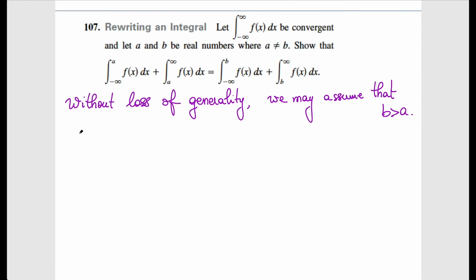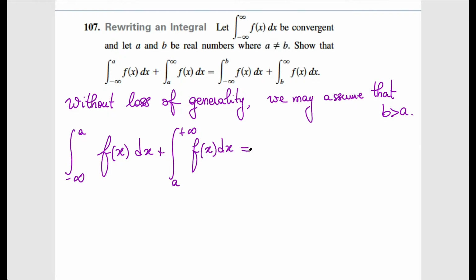Okay. So I'm going to start from the left hand side: the integral from minus infinity to a of f of x dx plus the integral from a to plus infinity of f of x dx. I'm going to write a sequence of equalities, and at the end I'm going to get to the right hand side. Okay, so what does this mean?